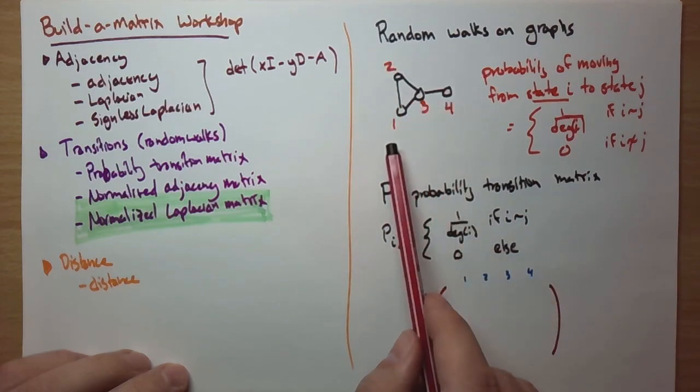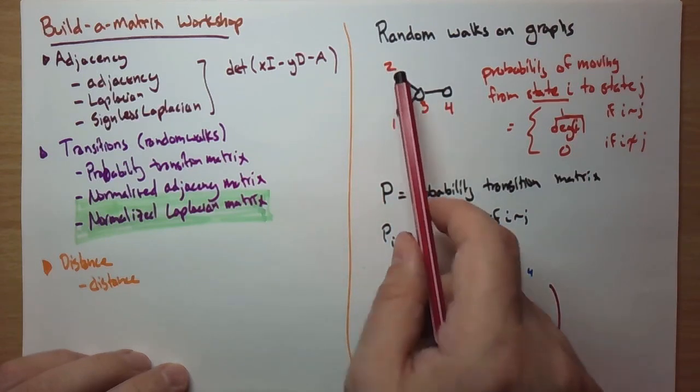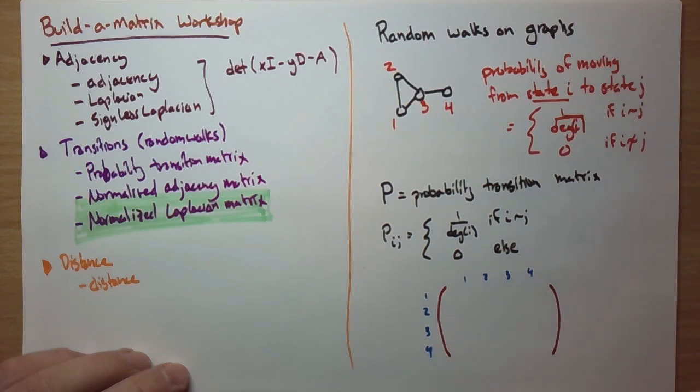Move to 2, or I can move to 3, and each one is 50-50. So we can write that as a 1/2. So I can move from 1 to 2 with probability 1/2, or 1 to 3 with probability 1/2, and I can't stay because there's not a loop, and I can't jump to 4 because there's not an edge.